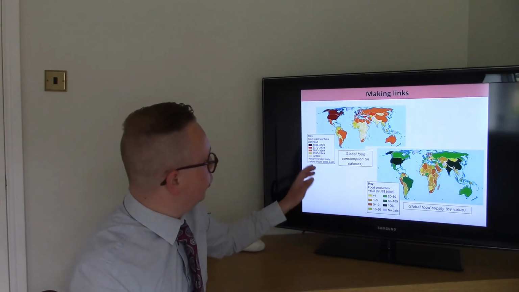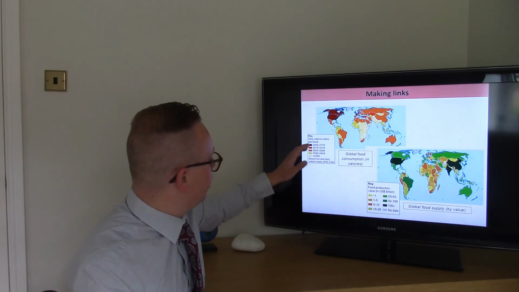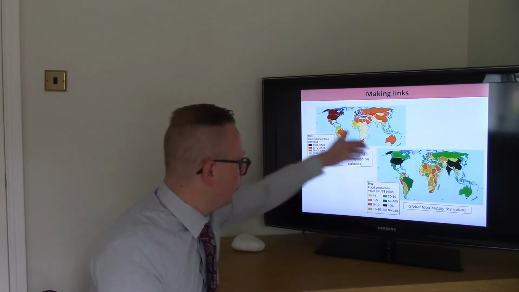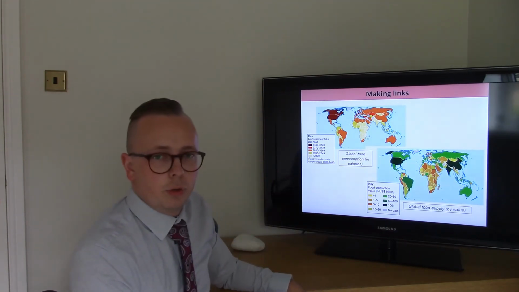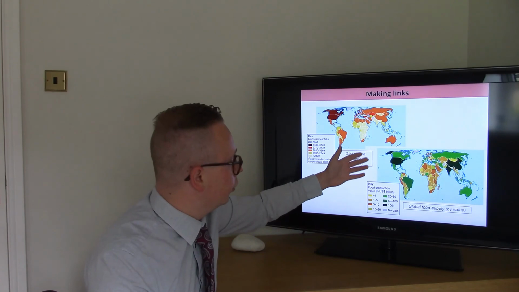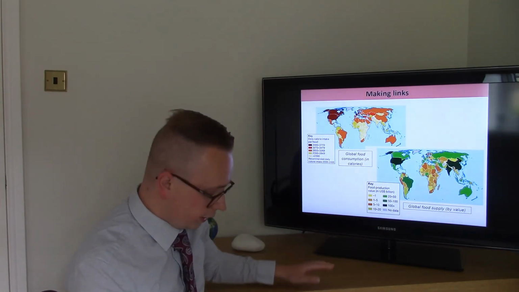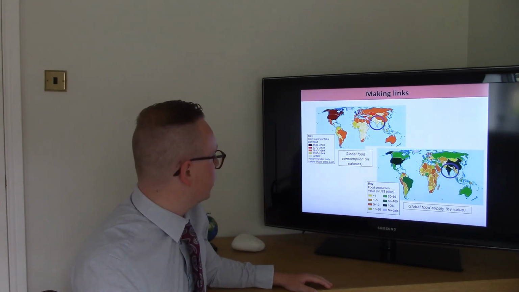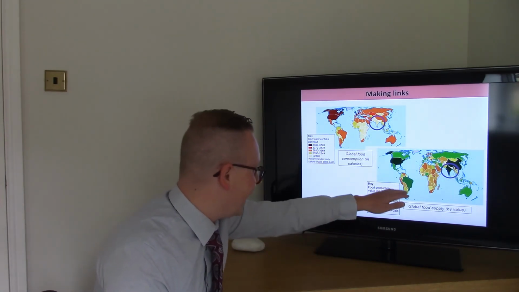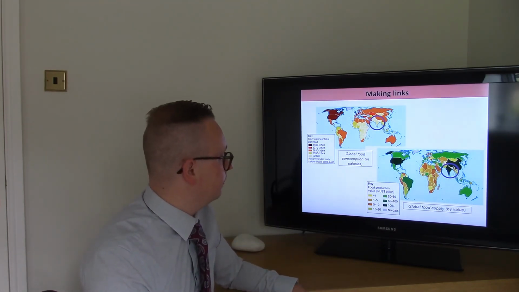We'll now look at these two maps side by side. What we can see is that generally where we've got high calorie intake, the United States as an example, we've also got high food production. And where we've got low calorie intake, mainly across Africa, we've got low food production. But there are a couple of exceptions, and a really good example of that is India, where we've got very low calorie intake per head, but the highest food production value in US billions.